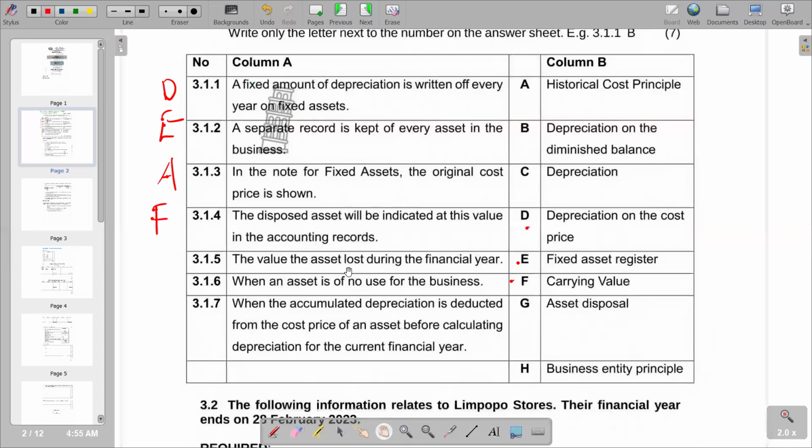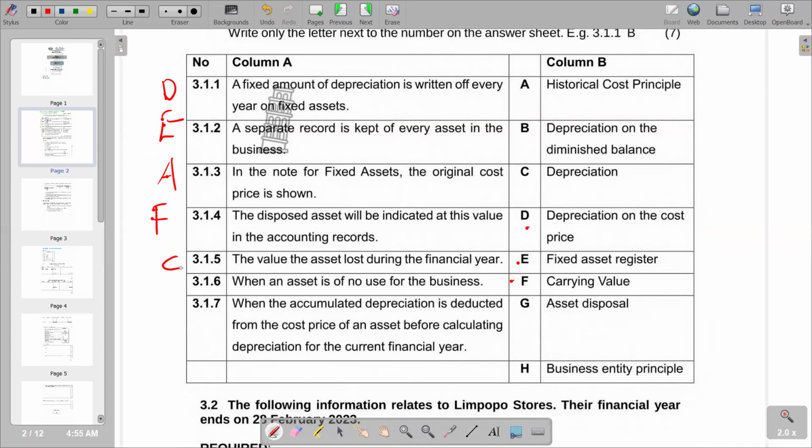3.1.5, the value the asset lost during the financial year. According to the explanation, that is depreciation, the loss of value of that non-current asset. So we have C as the correct response.